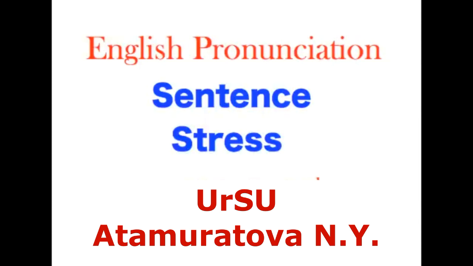Let's take a look at one sentence and then see how we can change our sentence stress to give the sentence a different meaning. So, the first sentence is, Jack will cycle to the restaurant tonight.